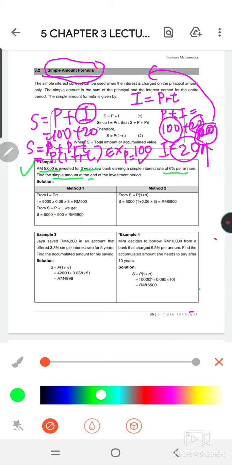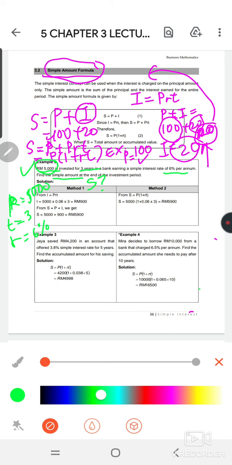Simple amount means S, so you need to find S. First, let's gather the information. Here RM5,000 is invested, meaning we save 5,000, which is the original value. So P equals to 5,000, T equals to 3 years, and the simple interest rate or R equals to 6%.